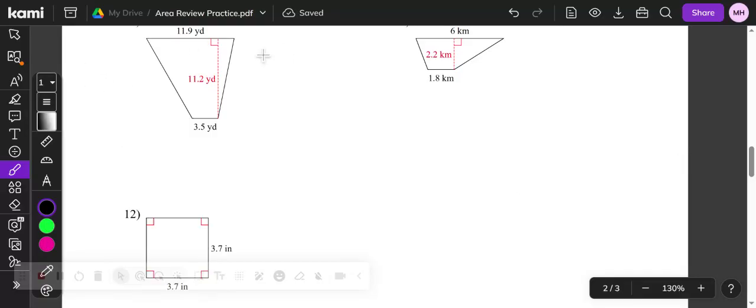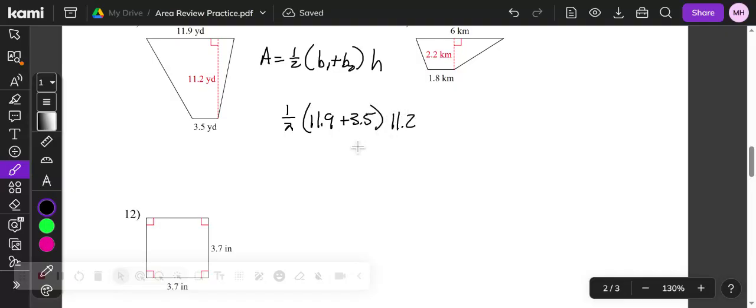All right, a trapezoid area is 1/2 base 1 plus base 2. Just add the two bases together times the height. So we do 1/2 times 11.9 plus 3.5 times the height of 11.2. 11.9 plus 3.5 is 15.4, so we do 1/2 times 15.4 times 11.2.